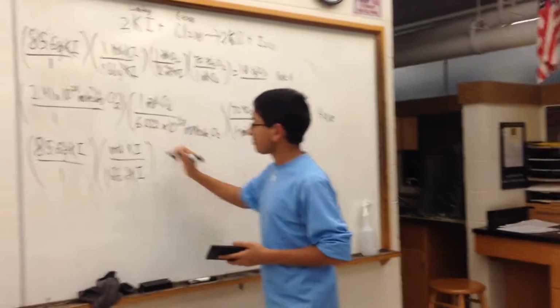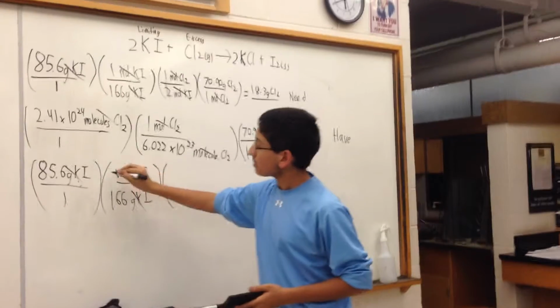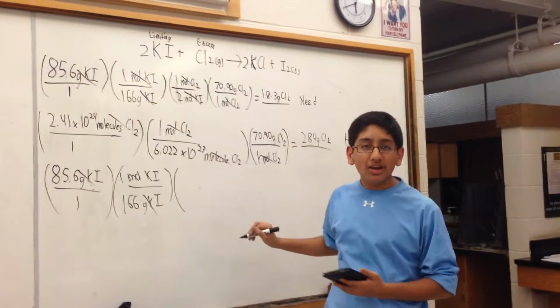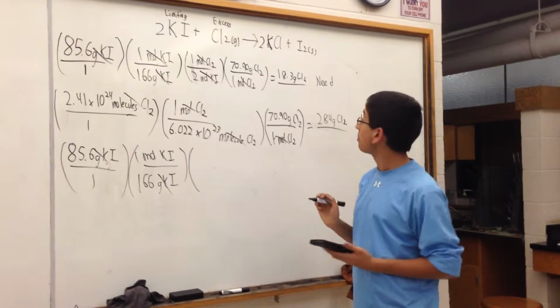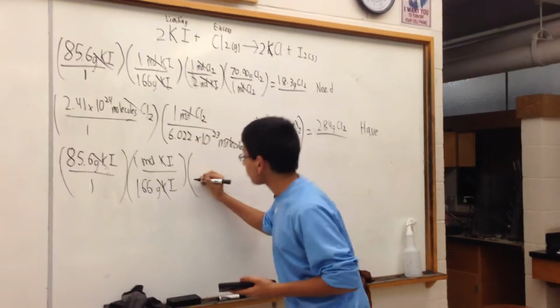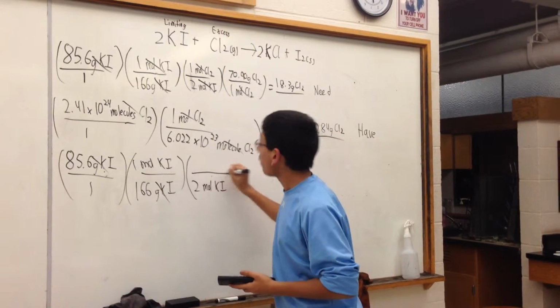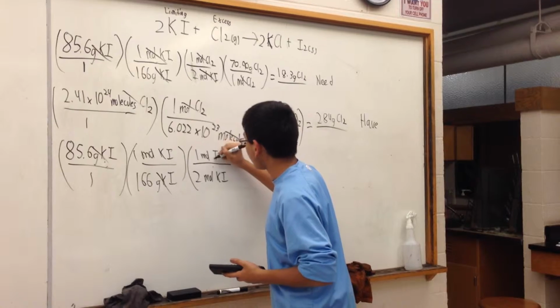Grams cancel out. We're left with moles of potassium iodide. Then we're going to use our mole ratio. But note that our mole ratio is going to be a reactant to product mole ratio, since we're trying to find the mass of iodine solid. So for every 2 moles of potassium iodide, we're going to have 1 mole of iodine.